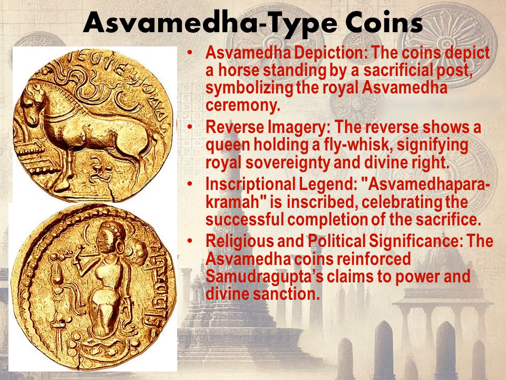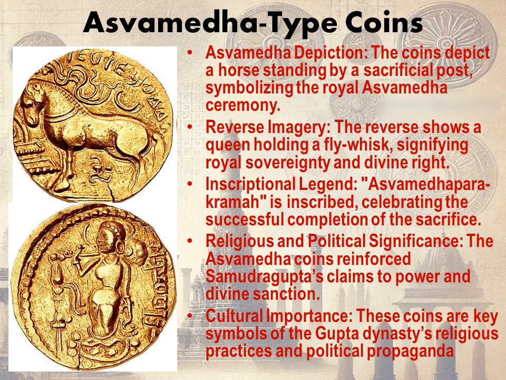So, through these coins, Samudragupta's claims to power and divine legitimacy have been sanctioned. These coins are key symbols of the Gupta dynasty's religious practices and political propaganda. So these are the key symbols which project the fact that the Gupta dynasty was very much involved in religious practices.